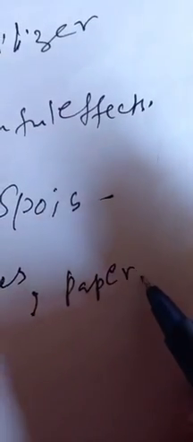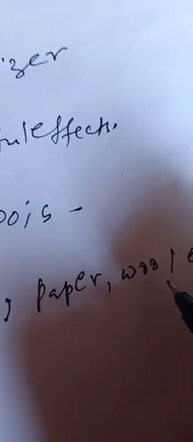Then sometimes the non-food substances like your clothes or paper, wool, etc. are also damaged by fungus. You may have seen this kind of growth of fungus in the rainy season.